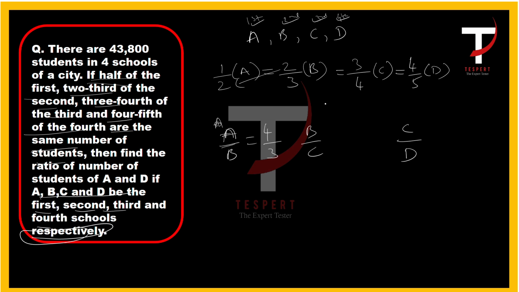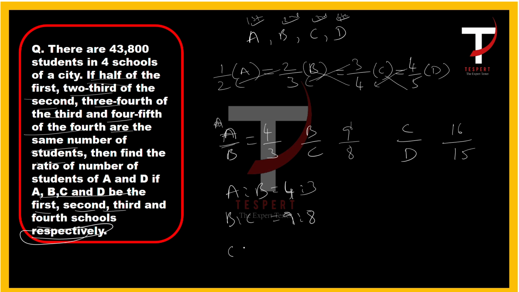B by C is equal to 9 by 8, since 3 threes are 9 and 4 twos are 8. And C by D is equal to 16 by 15, since 4 fours are 16 and 5 threes are 15. So here we have A is to B as 4 is to 3, B is to C as 9 is to 8, and C is to D as 16 is to 15.